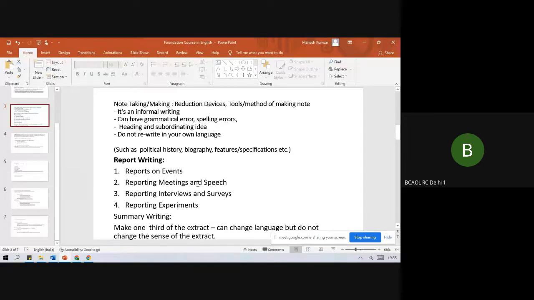Formal piece of writing is where your sentences, your syntax would be in correct order, with no grammatical error. But since note taking is informal writing, it can have multiple grammatical errors and spelling errors, because you don't write the complete word. You won't write the complete word if the same thing is repeated.